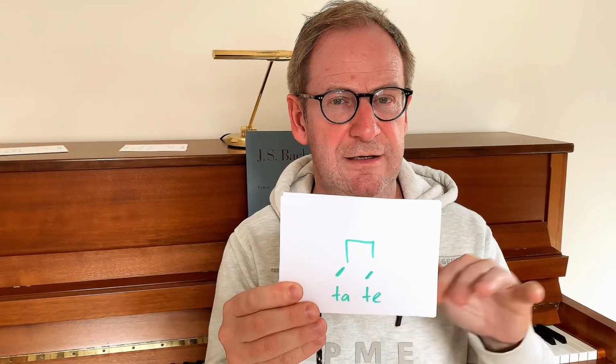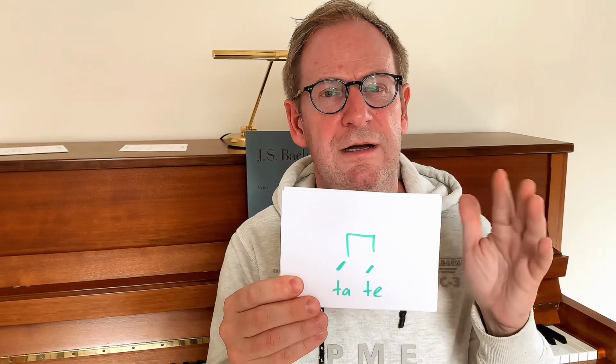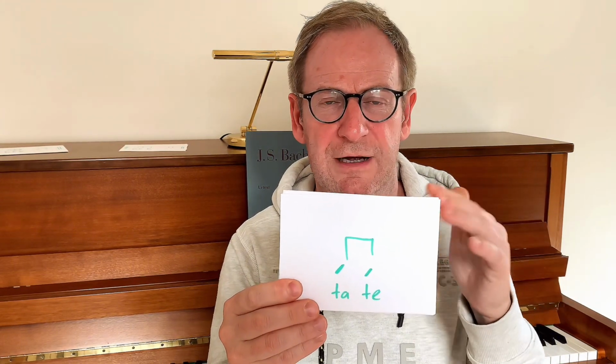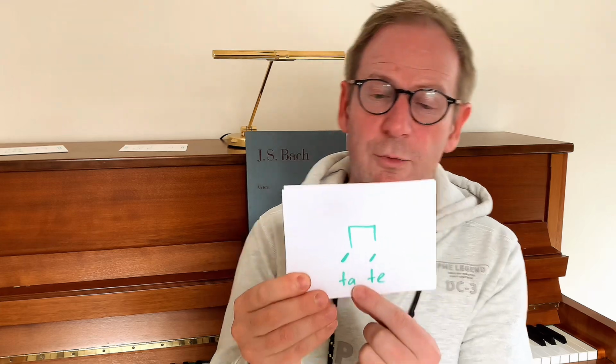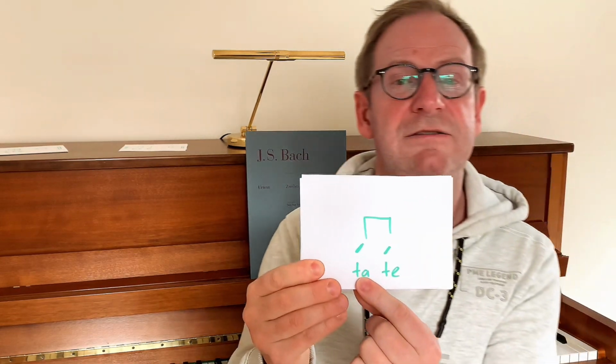We have tate, tate, tate, tate. Or 1 and 2 and 3 and 4 and tate, tate, tate, tate. Now that's really important to know. Here, the ta is the beat, the te is the and.